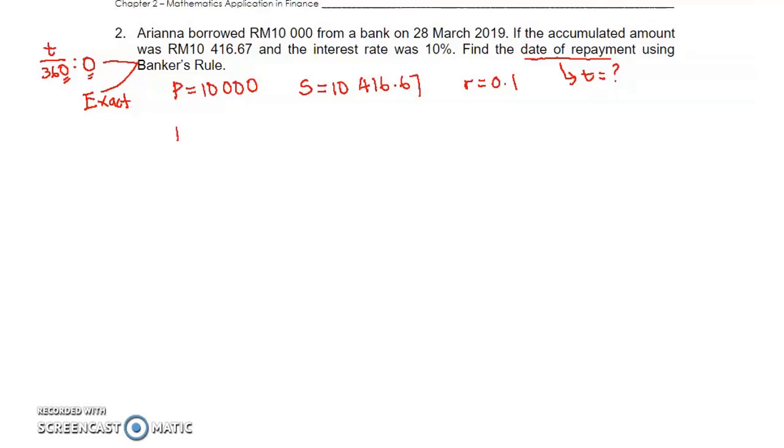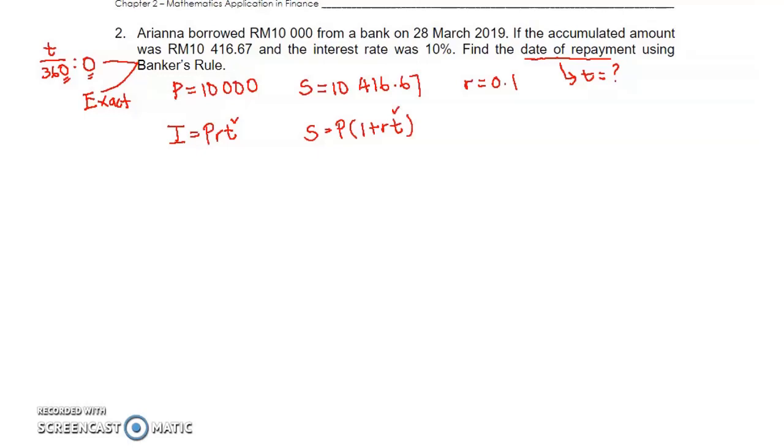Okay, look at the formulas. First formula, I equals PRT, so we have value T here. Second formula, S equals P(1 plus RT), so we have value T here.